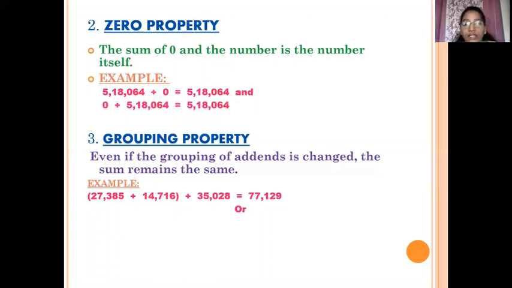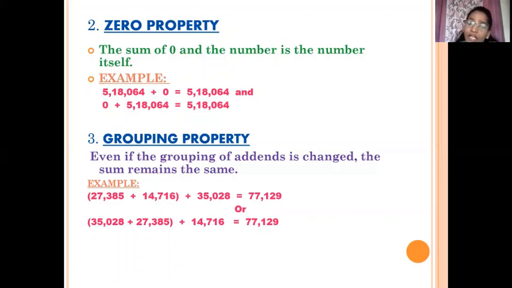That means I'll take the number 35,028 and 27,385 first, and I'll add these 2 numbers. Then to the sum, I would like to add 14,716.